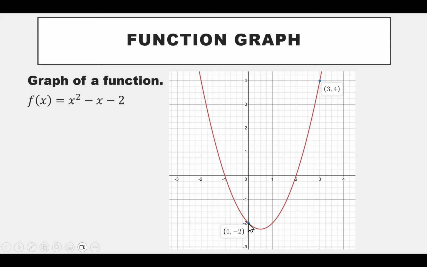And obviously, when we're traveling on the function from 0, -2 to 3, 4, we go down a bit and then we go up. If we take the rate of change, it's going to differ as we move along this function. But the average rate of change from this point to this one is going to sort of cancel out the dips and the inclines, and it's just going to be a straight shot from point 0, -2 to point 3, 4.